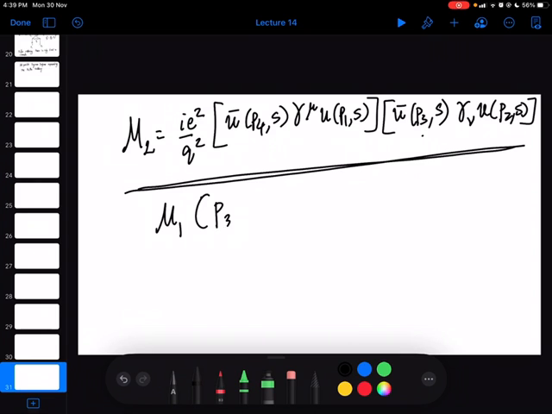So M1, if we exchange it where P3 goes to P4 and vice versa, gives me M2. There is a more general version of this for 2-to-2 processes, which is called crossing symmetry.